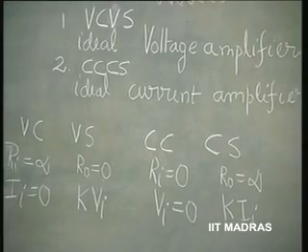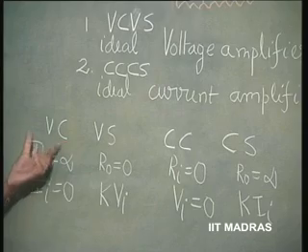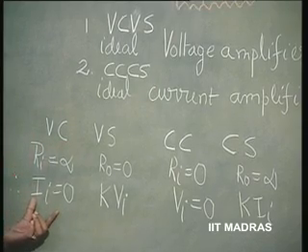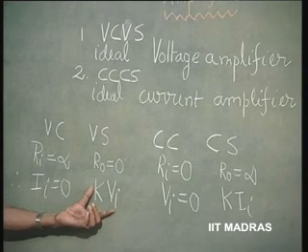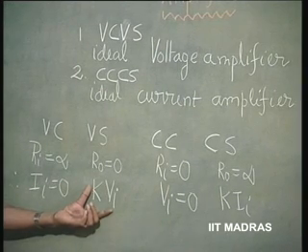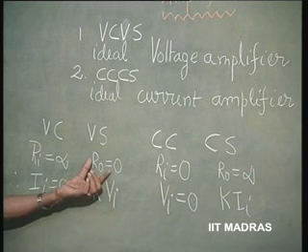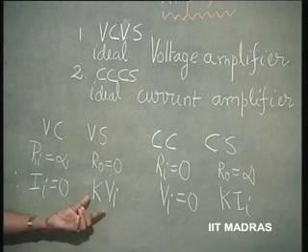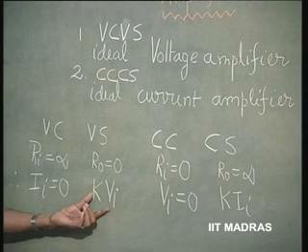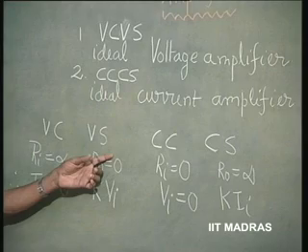If it is voltage control, obviously at the input port Ii is 0, so that Vi is what controls the voltage at the output as K times Vi. The source has 0 resistance in series. It is a voltage source with 0 R naught output resistance, and it has a voltage K times Vi. This is the characteristic of an ideal voltage amplifier.